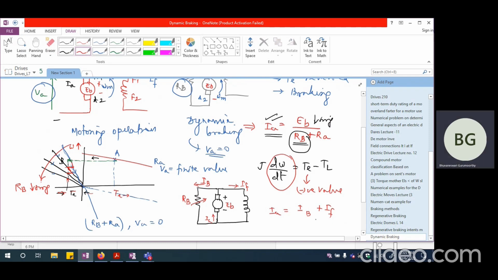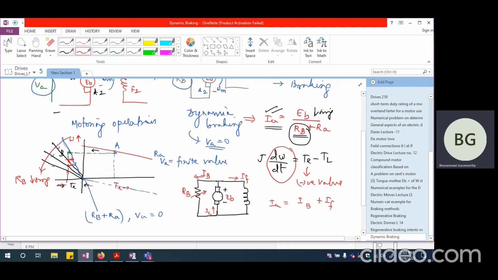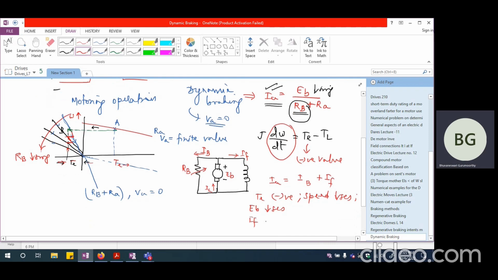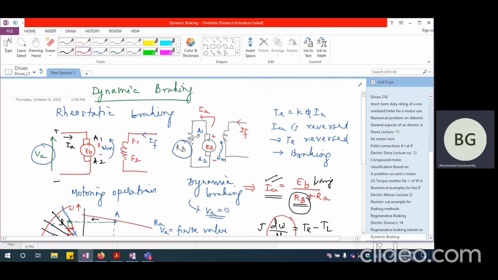So under this situation, as the speed decreases, because the torque is going to be negative, the speed is going to decrease. So if speed decreases, EB decreases. If EB decreases, then IF will also decrease. You are not going to have the field current as a constant, which was the case with the separately excited DC motor, where IF was a constant.